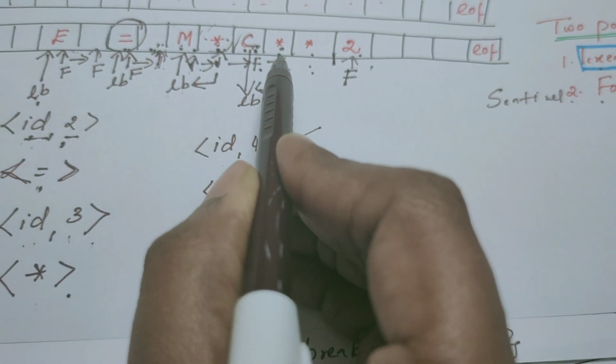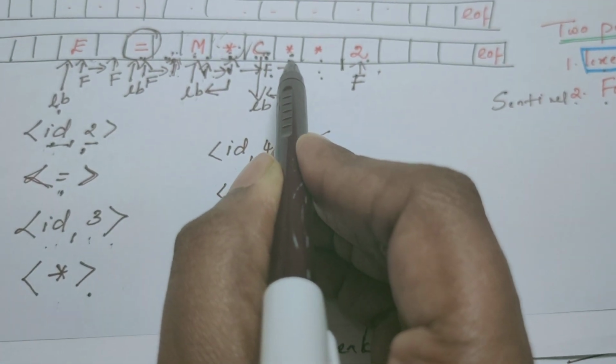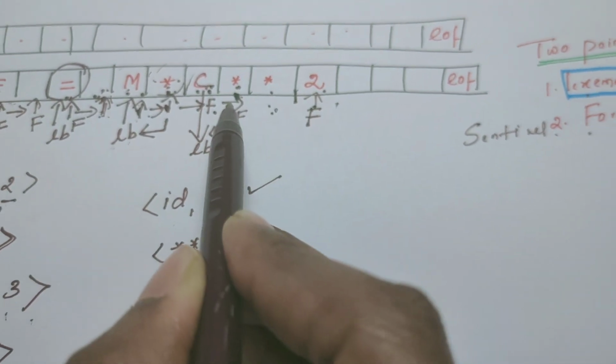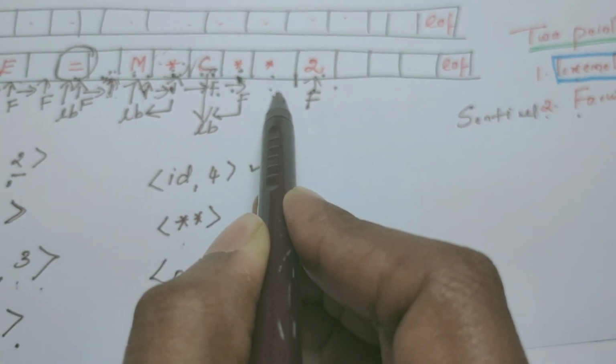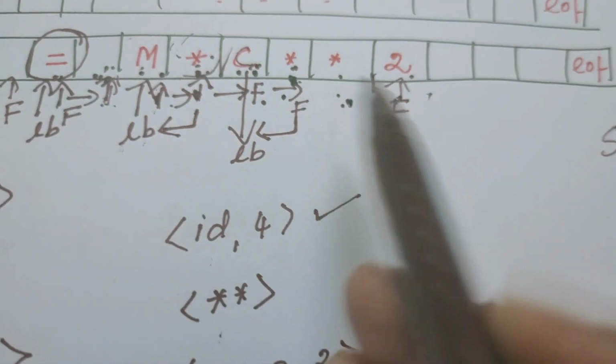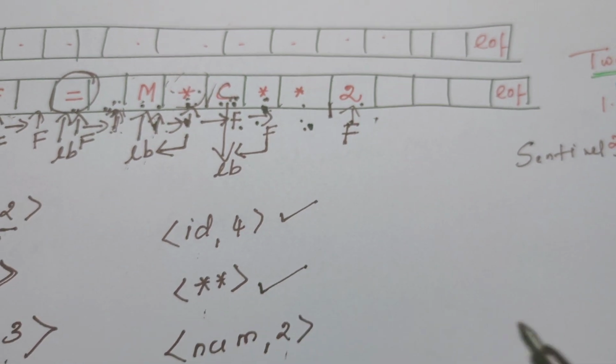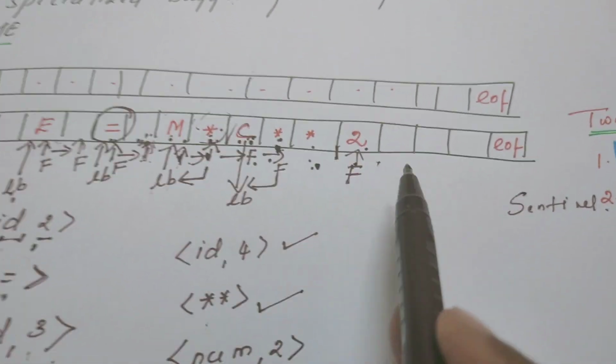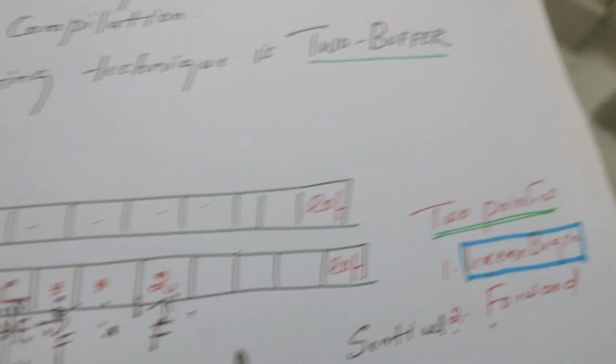The lexemeBegin pointer is pointing to the first star in fact. So it is pointing to this star. So the forward pointer retracts back. From lexemeBegin till forward, whatever the symbols are there is nothing but the next token. Likewise, it completes the reading of the input buffer.